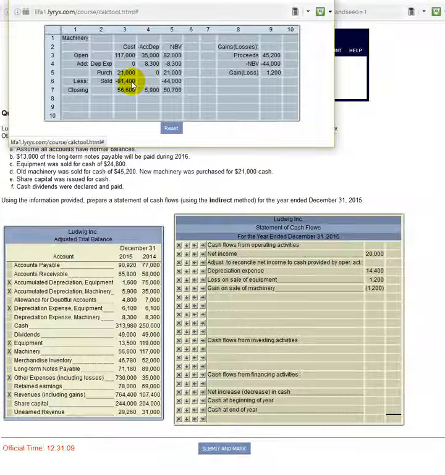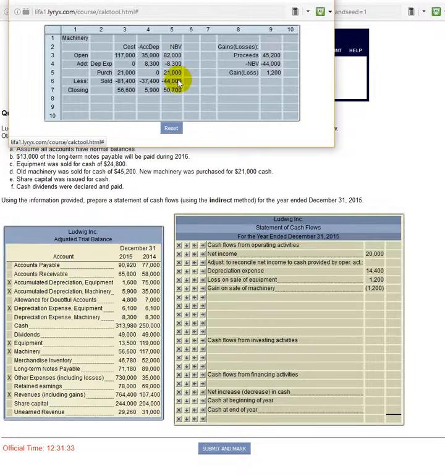That shows us that the cost of the assets we sold was 81,400. And for this one, once again, move it down so you can see. Put in a minus sign, and then 35,000 plus 8,300. Depreciation makes our accumulated depreciation go up, and then we subtract 5,900.